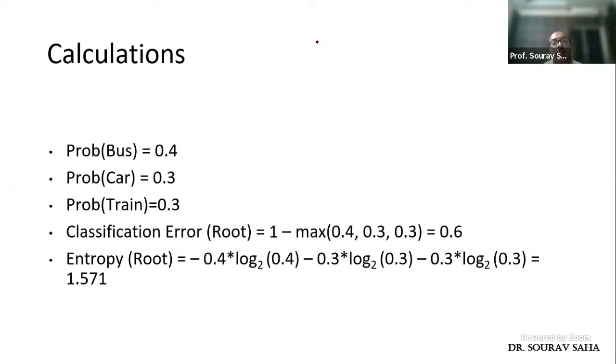By the way, it is not incorrect. Saurav is saying that it is incorrect, but it's not, Saurav. You can very well use log to the base 2, that's pretty standard. But because of multiple classes, you get a value more than 1. If you would like to keep it between 0 and 1, then use log to the base of the number of classes. If you use log to the base 3 here, you'll find that it gets bounded between 0 and 1.